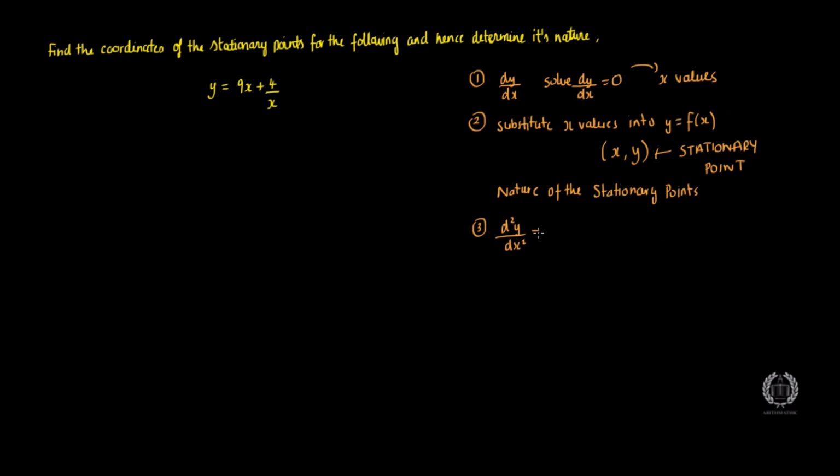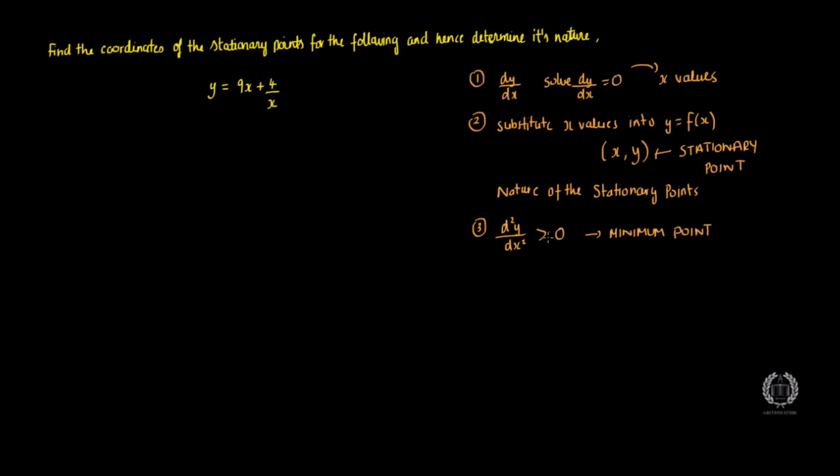You're going to get something in terms of x, and then you substitute your x value into this. If your d2y/dx squared is greater than 0, that will be called a minimum point. I know you might be thinking, but hold up, it's greater than 0, so it shouldn't be a maximum.